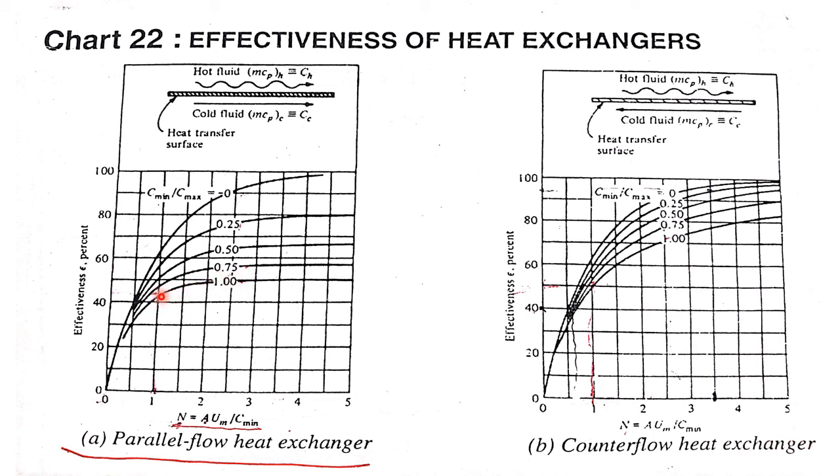So where this curve and this NTU line intersect, from that point we are going to read the value of effectiveness of the heat exchanger. I think you have understood it.